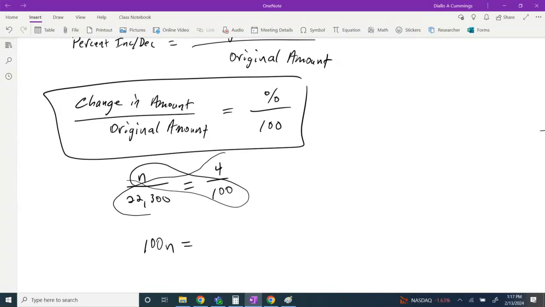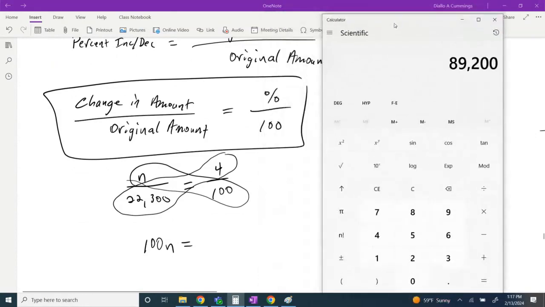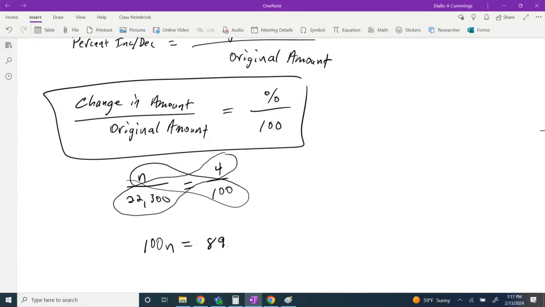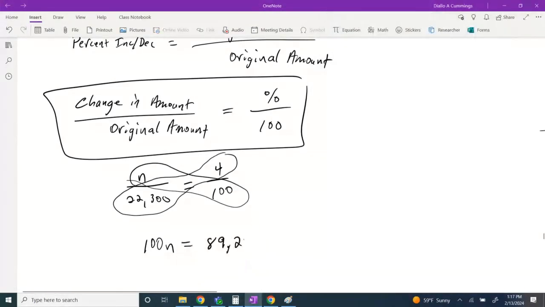If I cross multiply 22,300 by 4, we get $89,200.